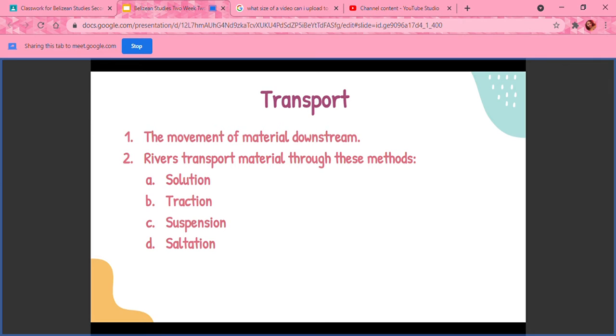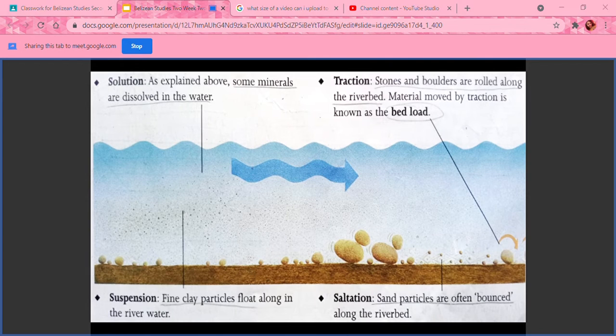After it has rocks, after it has hit the riverbanks, after it has made more soil at the bottom of the river, how does the river move that? What are the different ways that movement occurs? We have 4 ways: solution, traction, suspension, and saltation.